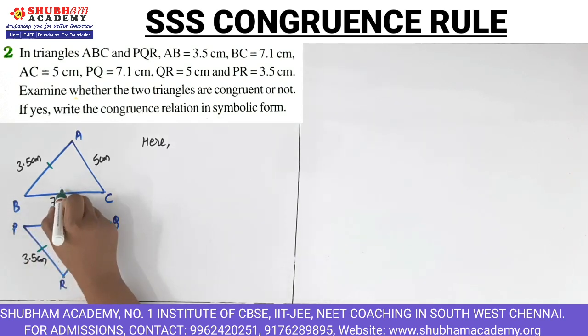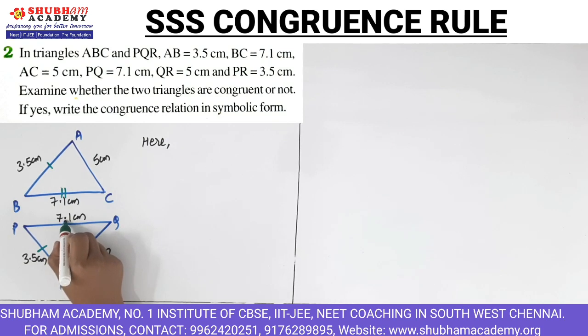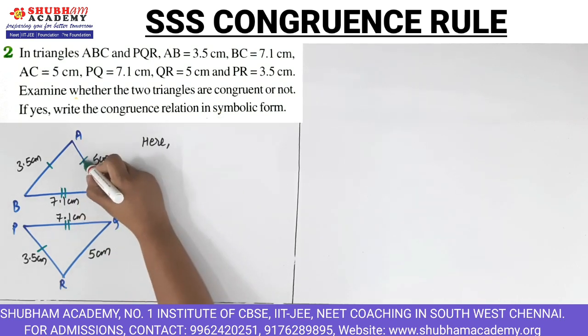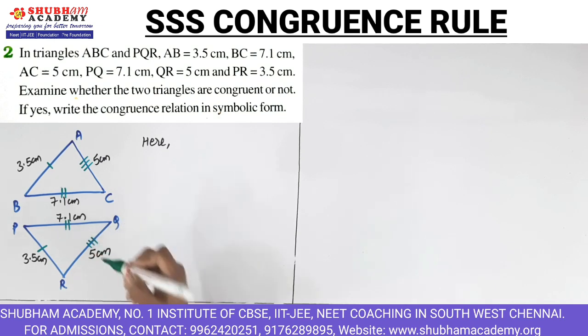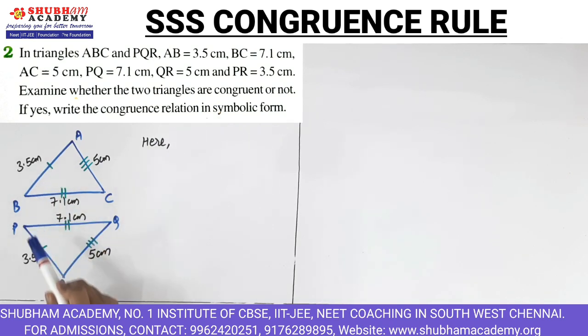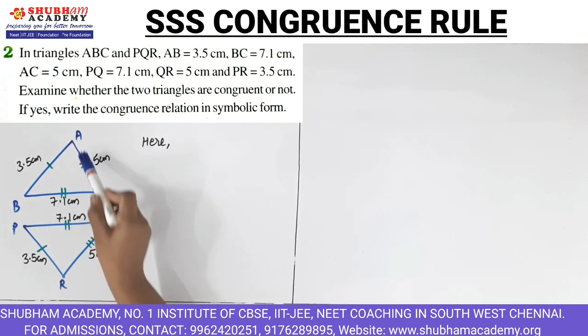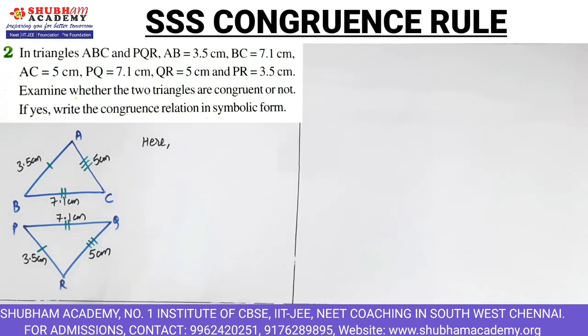Then BC is 7.1 centimeter and in triangle PQR, PQ is 7.1 centimeter. AC is 5 centimeter and QR is 5 centimeter. So through the symbol in pictorial representation also we can see that side AB corresponds to PR, BC corresponds to PQ and AC corresponds to QR.